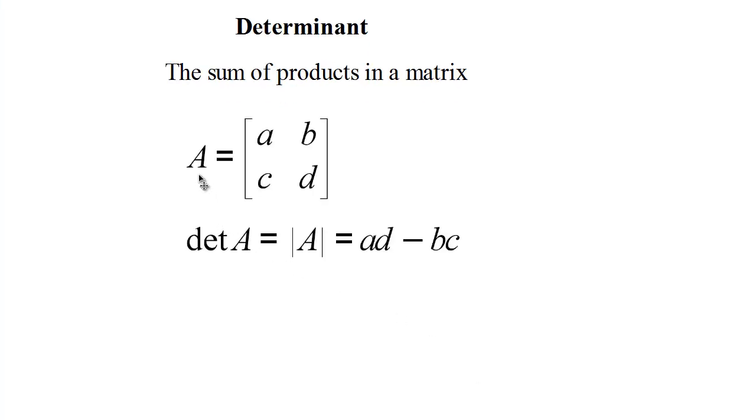If we have a 2 by 2 matrix, like matrix A here, with terms A, B, C, and D, the determinant of A, which can be written with bars like this, almost like absolute value bars, and can also be written det A, is equal to, along each of the diagonals, A times D minus B times C.